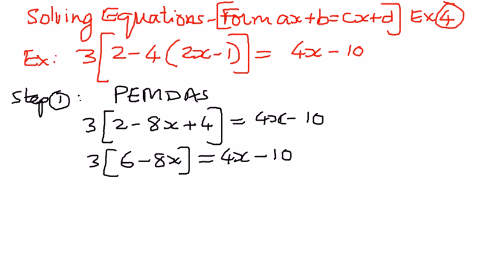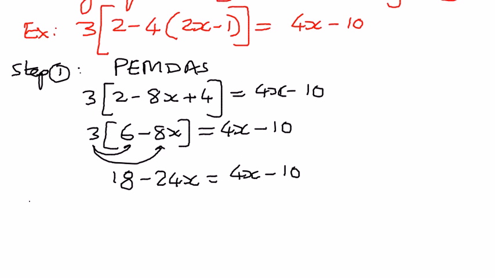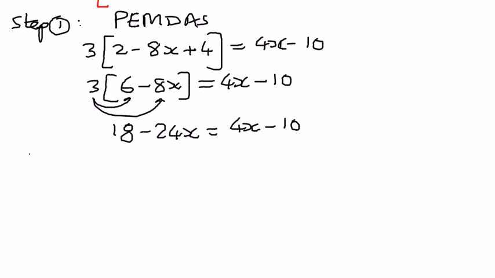Now we are ready to distribute the 3 to every one of the terms inside this set of brackets here. So 3 times 6 is 18 minus 8 times 3 is 24x is equal to 4x minus 10. So now we are ready to use the properties of addition, subtraction, multiplication, division, and isolate the x value to one side of the equation so we can find its value.